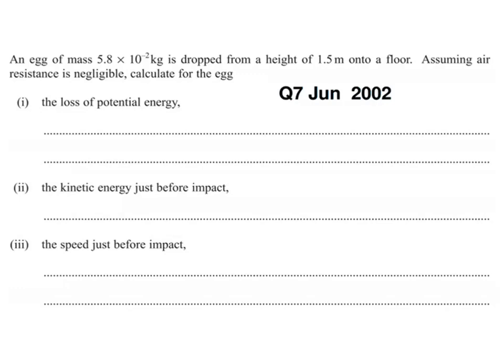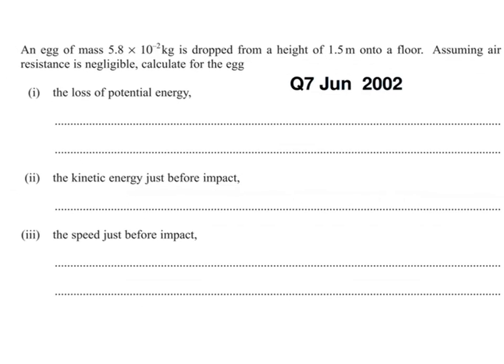So, the first question asks you for the loss of potential energy as an object falls from 1.5 meters to the floor. So as soon as you see the words potential energy, what you should be thinking of is mgh. So obviously the mass times the gravitational acceleration times the height.